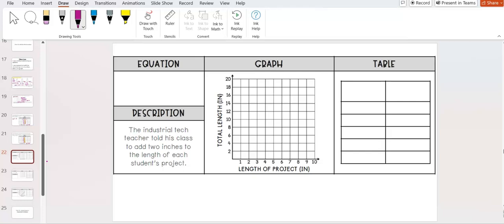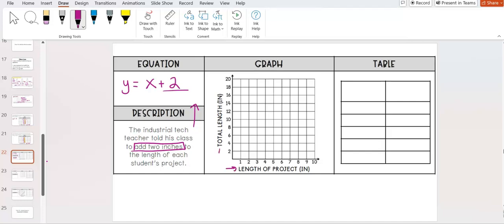Okay, so I think I can jump straight up to writing an equation here because I know that it's going to be y equals x and then something here. We are adding 2 inches to every project. So if my project is x, I'm then going to add 2, and that is my equation.